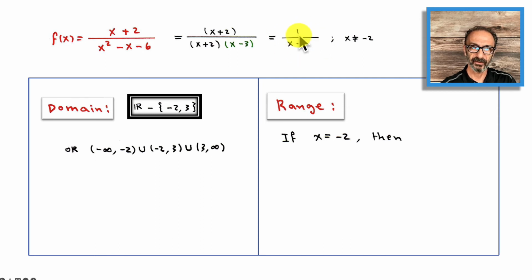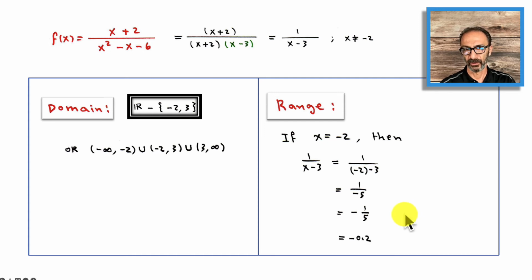Well, in this graph, I'm skipping -2. But if I connect it, I'm going to plug in -2. So 1 over x minus 3 will be 1 over -2 minus 3, which is 1 over -5. Pulling the negative up front, that will be -1/5, which is 2 over 10, which is -0.2. So if I fill the point, it's going to be filled with that y value at x equals -2, which we agreed on that we have a hole in the graph.